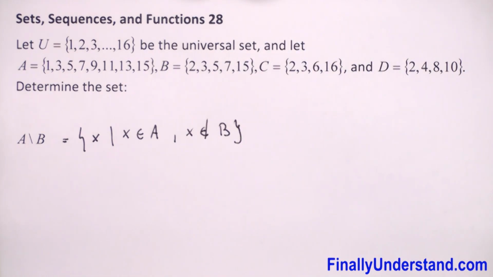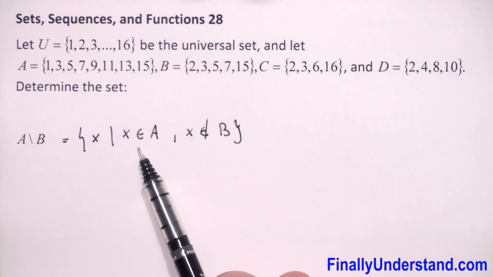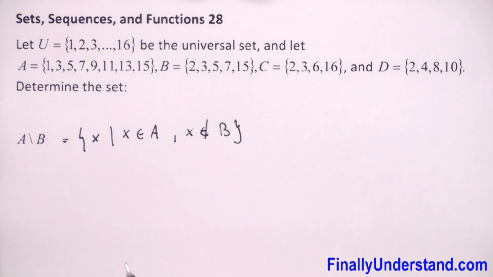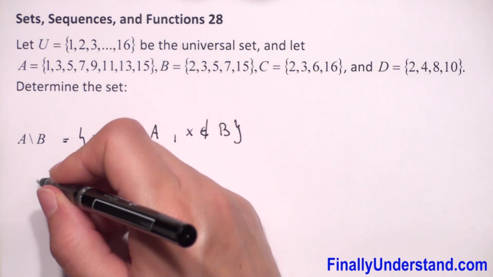So now we have to look in set A and in set B, and we have to choose all elements which belong to set A and which do not belong to set B. So let's write this again.